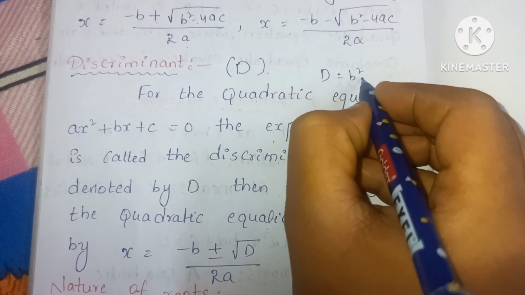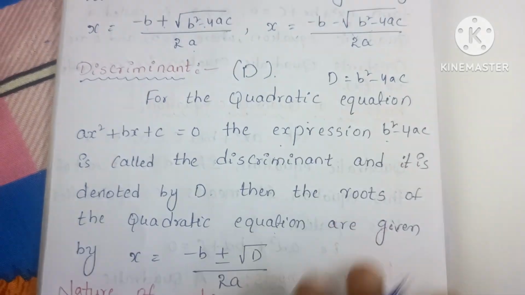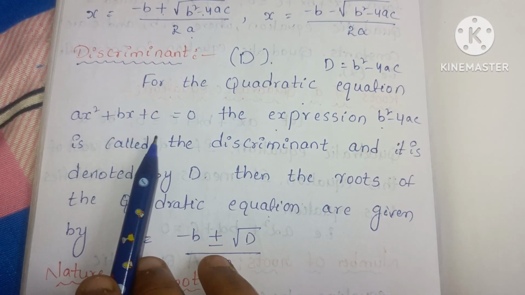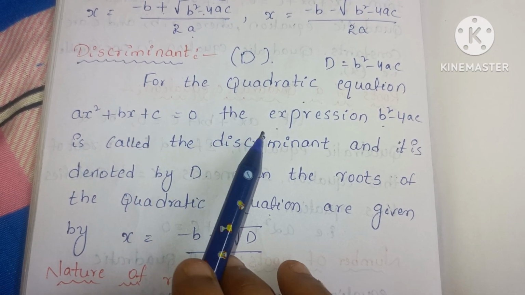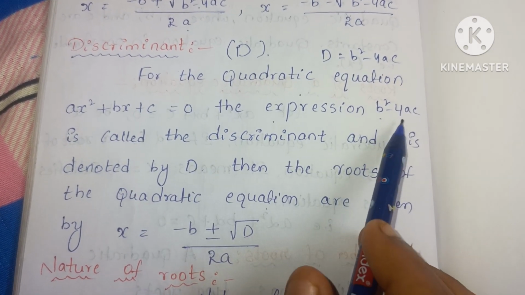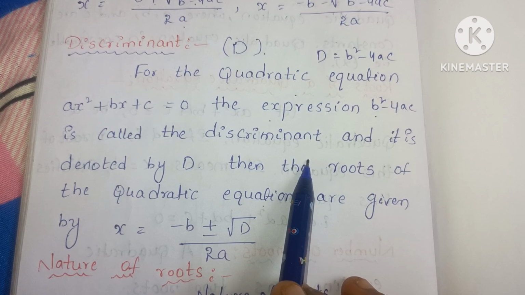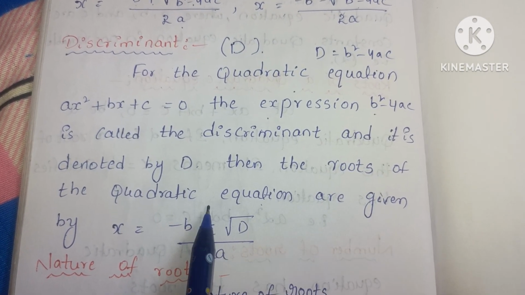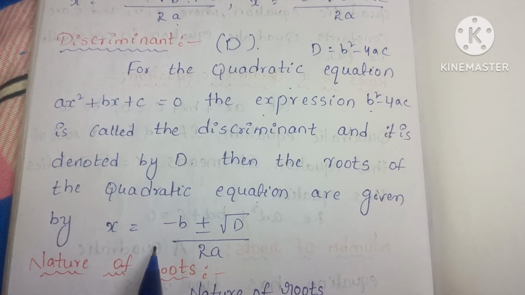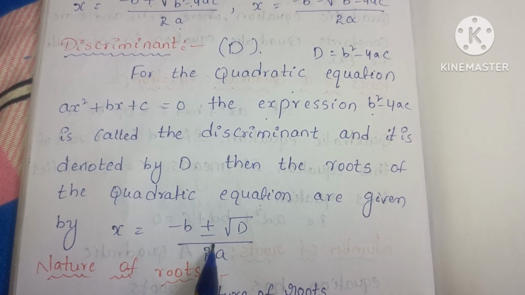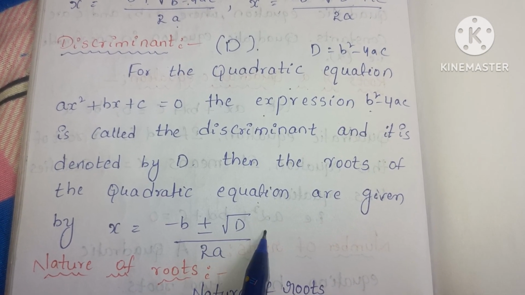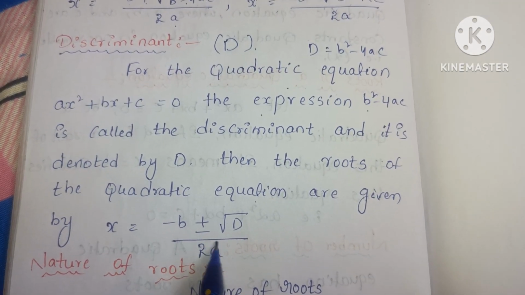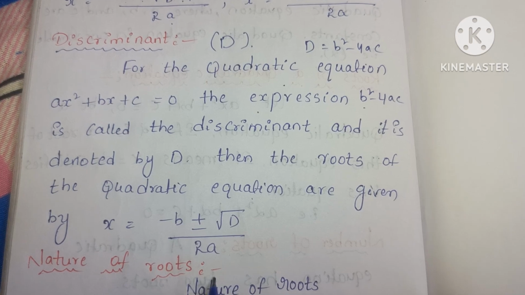For the quadratic equation ax square plus bx plus c equals 0, the expression b square minus 4ac is called the discriminant and is denoted by capital D. Then the roots of the quadratic equation are x equals minus b plus or minus root of b square minus 4ac, which is D, so minus b plus or minus root D by 2a.